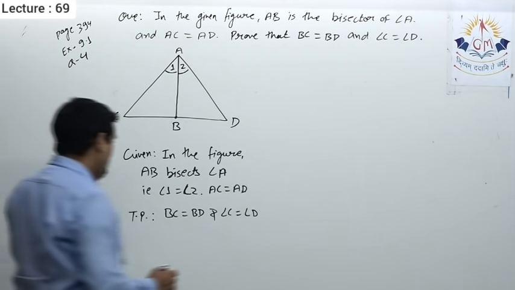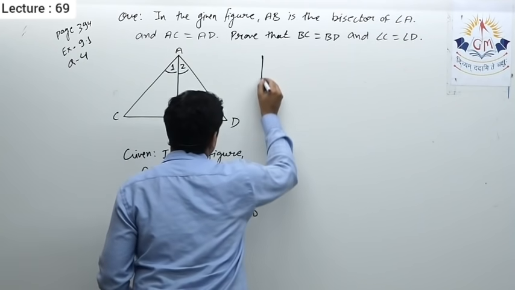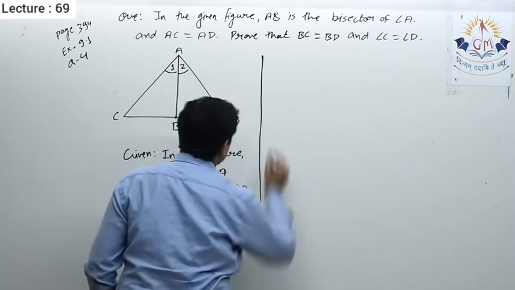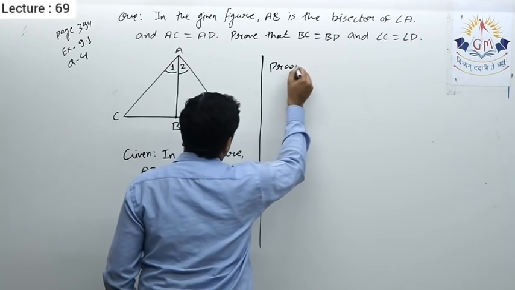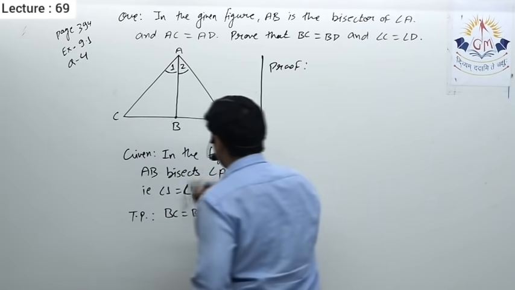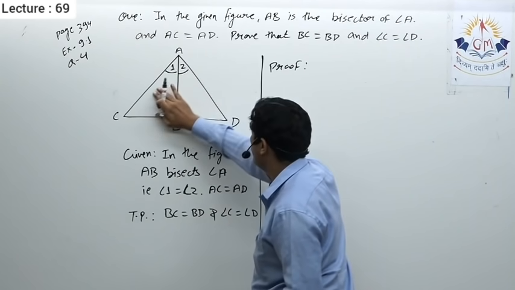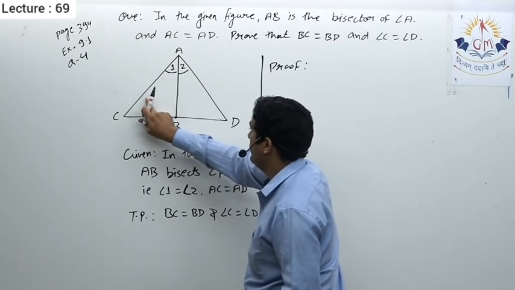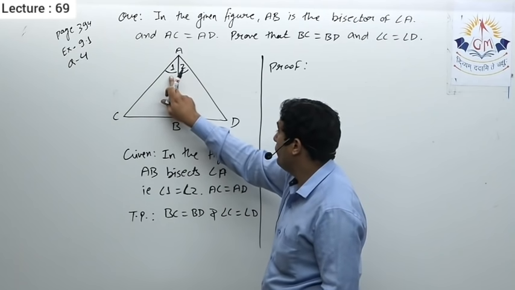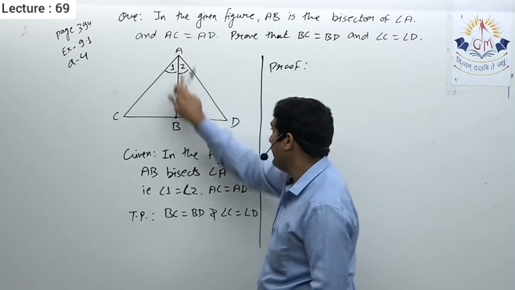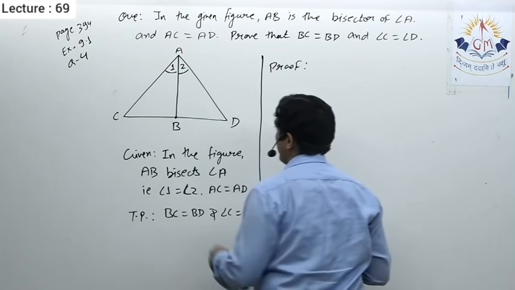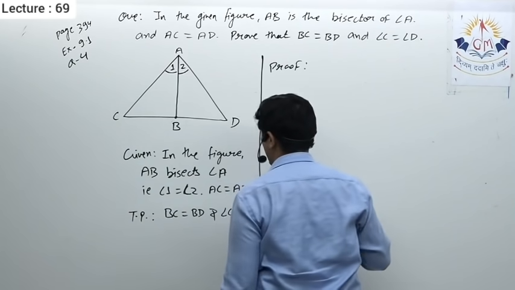Okay, now let us see its proof. It is given angle 1 equal to angle 2, and AC equal to AD. So AC equal to AD is a side, then angle, and AB common. So by side angle side we can say the triangles are congruent.